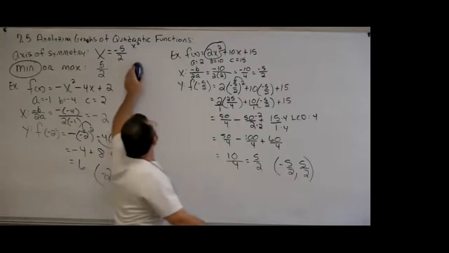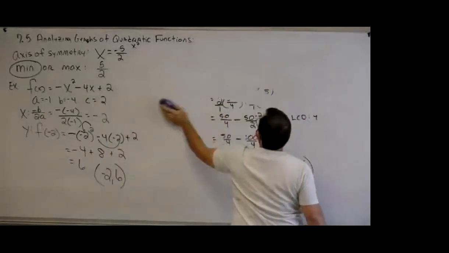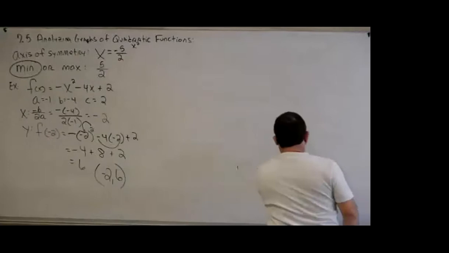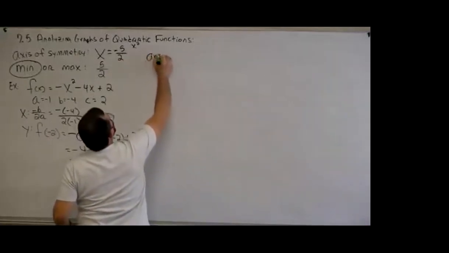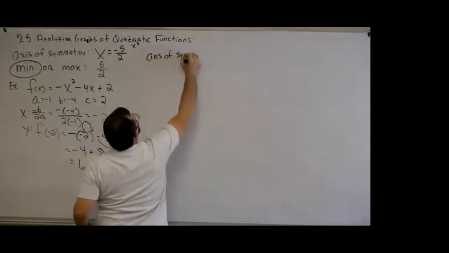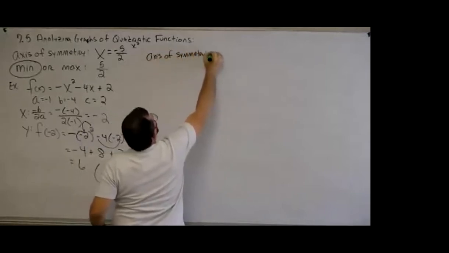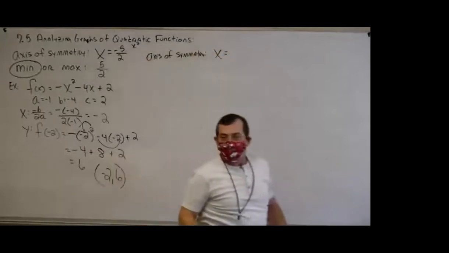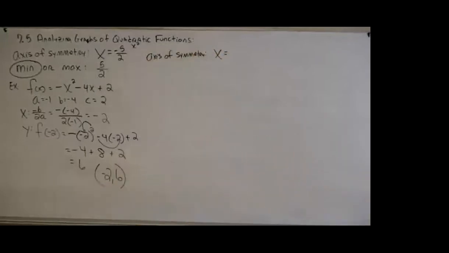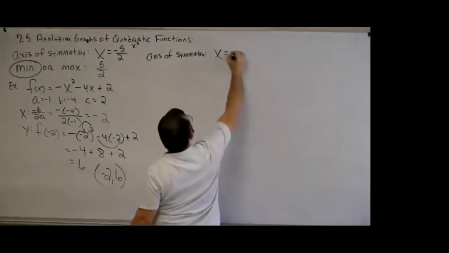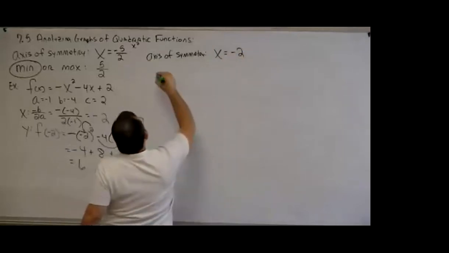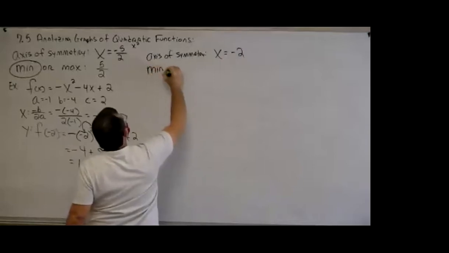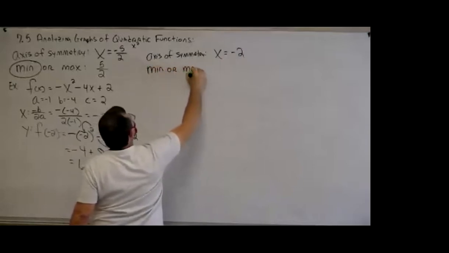So next I needed to know my axis of symmetry. So let's see, axis of symmetry for this one is going to be x equals some number. When I get from my x, I got a -2. So the line of symmetry is x equals -2. Next, on this one, do I have a min or max?